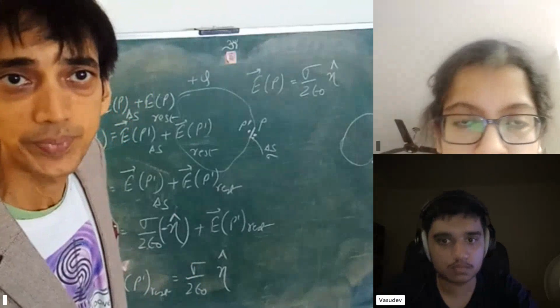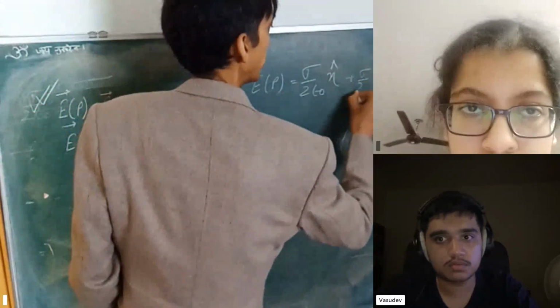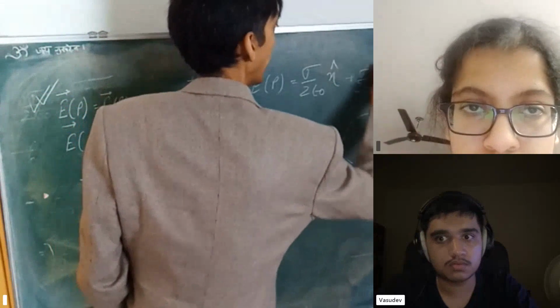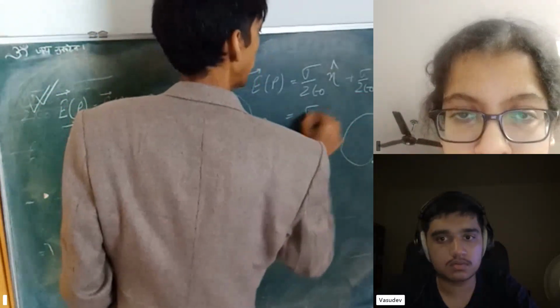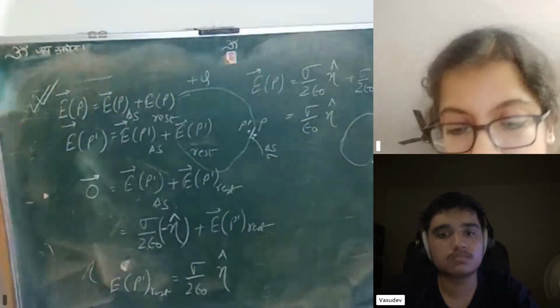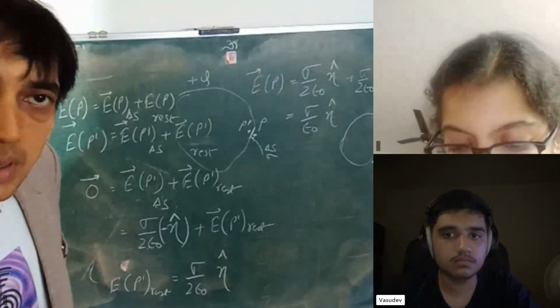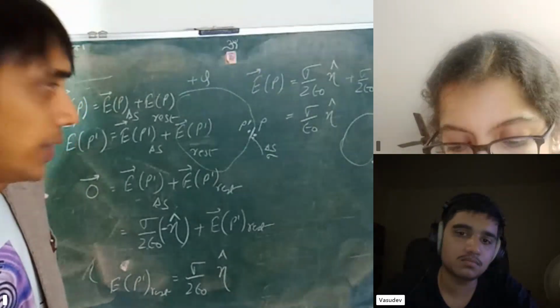Clear? What do we then get from here? Sigma divided by twice epsilon naught into eta. Adding them, we get sigma by epsilon naught into eta. This is the field which you will be getting over there.